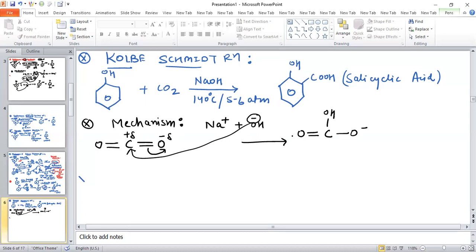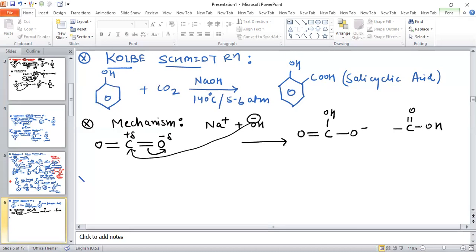Now see what happens. As we know, the carboxylic group is basically C double bond O, OH.